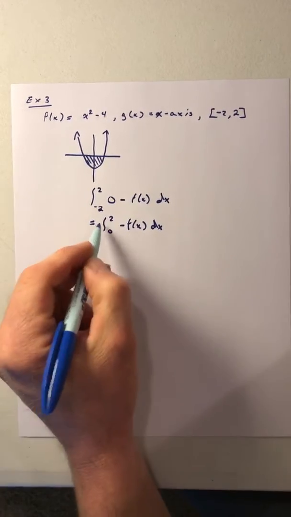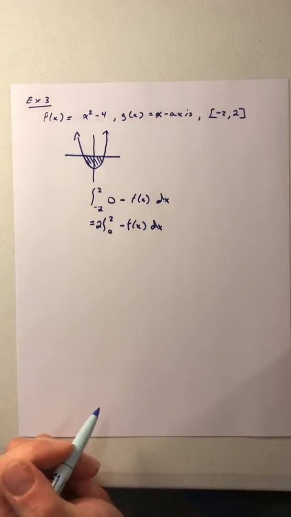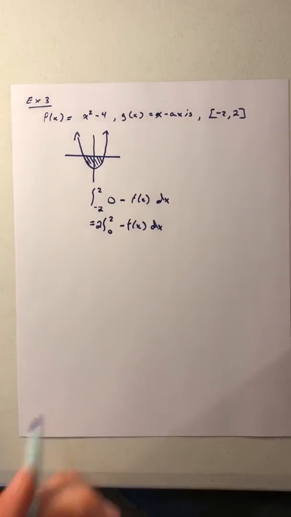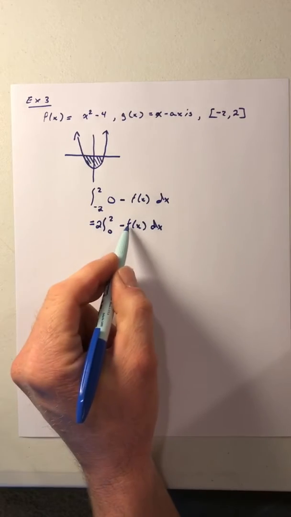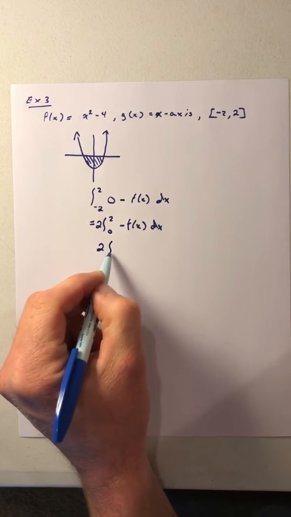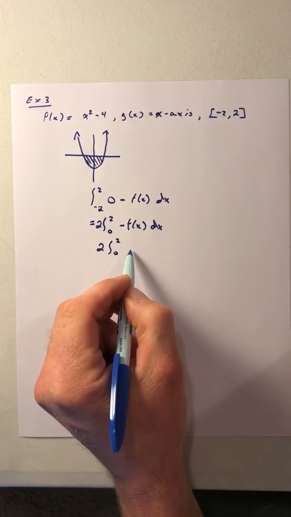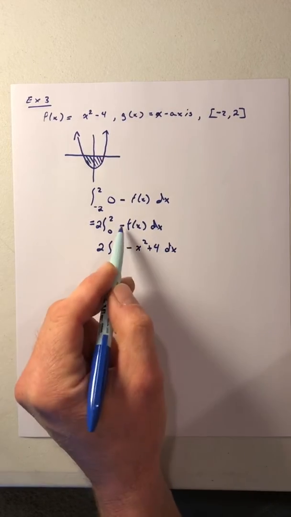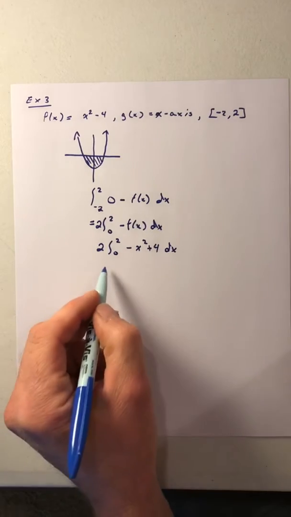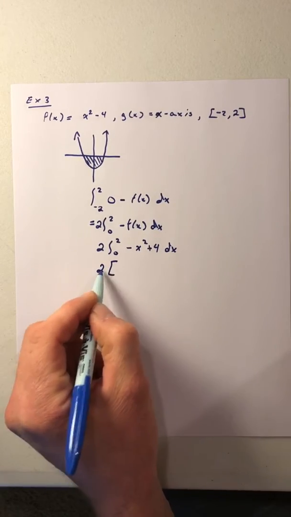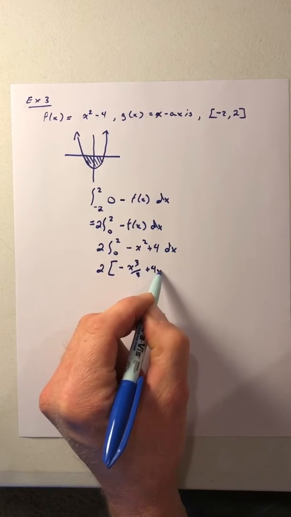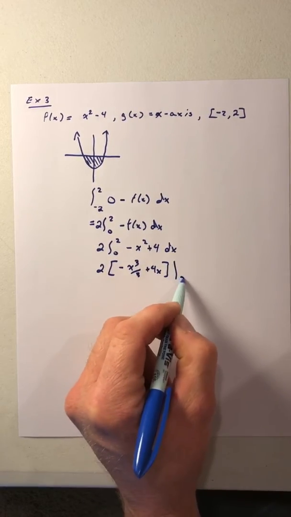So I'm going to go ahead and work it, we have 2 times 0 to 2 of negative x squared plus 4 dx, because we have 2 regions that are equal since we're an even function. So if I integrate, I'll go ahead and write that integration out. We have 0 to 2 of negative x squared plus 4x dx. Remember, we're going to multiply that negative through. So looking at this, we have 2 times negative x to the third over 3 plus 4x, and we're going from 0 to 2.